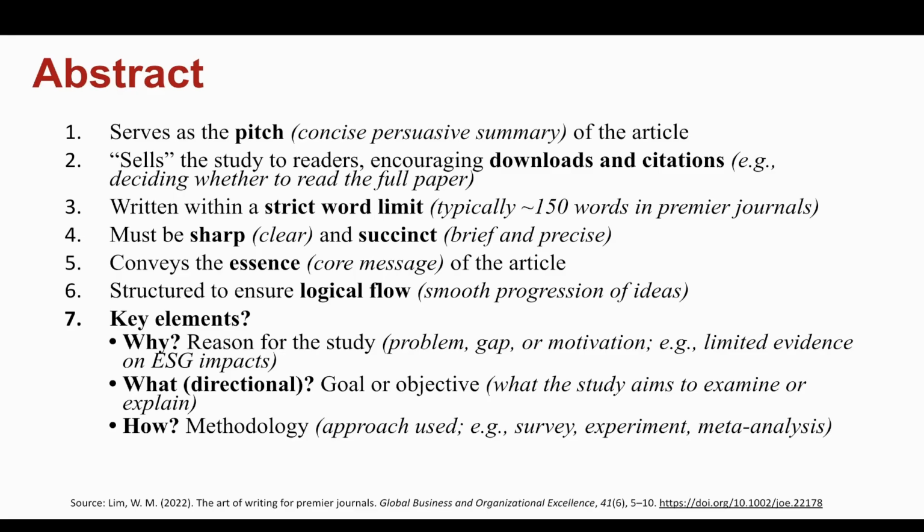If it is an SLR, what kind of approach they have adopted, whether it's PRISMA, SPAR, TCCM ADO, or it's a survey, what kind of experiment they have done, whether it's a meta-analysis. So they will clearly mention what kind of methodology and research design, in very brief.